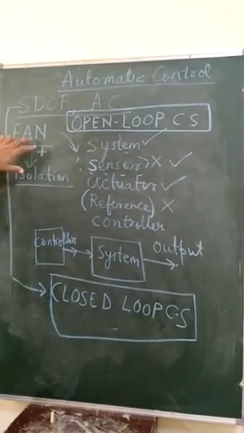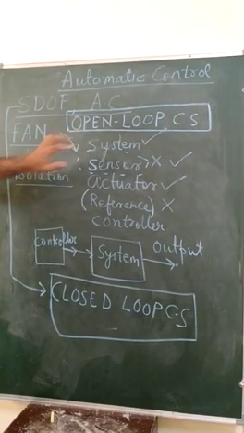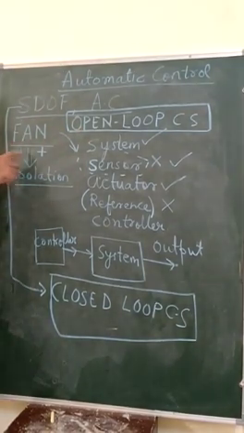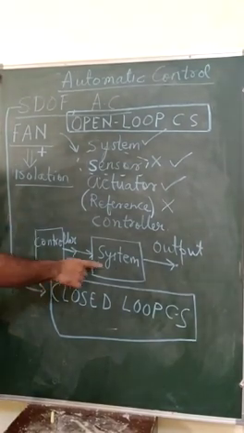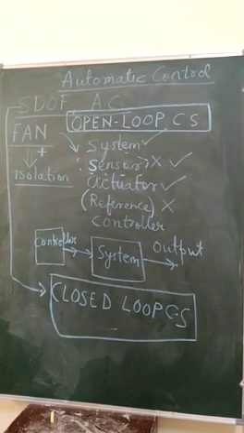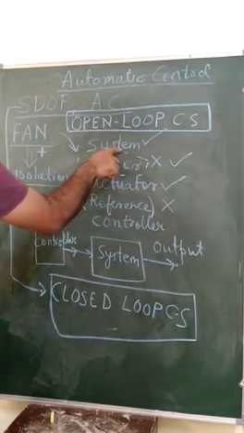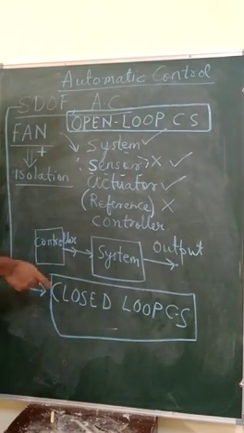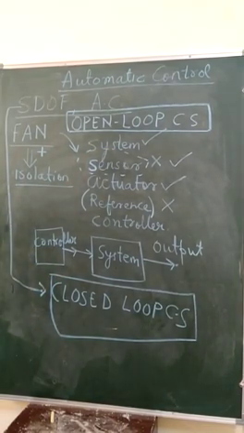But fan in isolation is an open loop system. So that is what I meant when I said fan in isolation. In itself, it's an open loop system. There is no sensor in it. But when you take your own self as a part of the system, when in the system definition you include your own self, then it might be classified as a closed loop system.